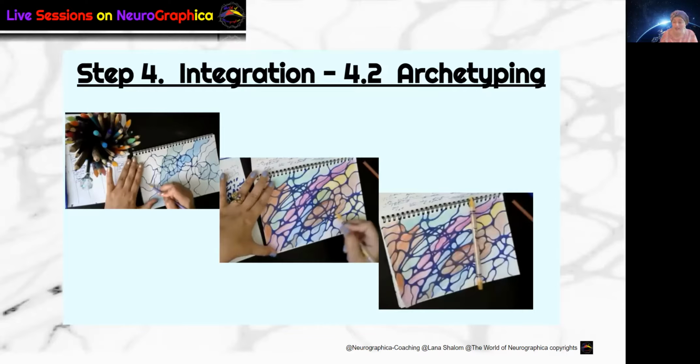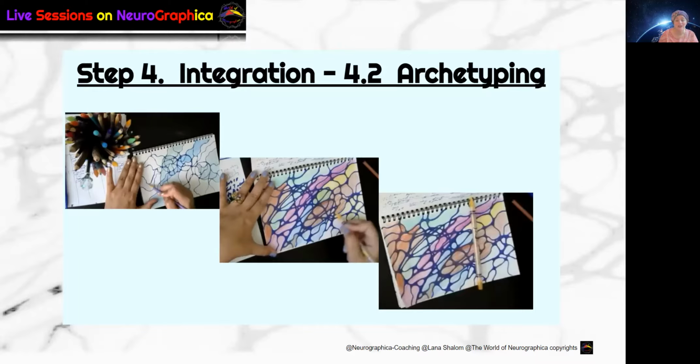The pyramid of consciousness was actually based upon the Jungian pyramid of consciousness. So archetypes is a huge prototype symbol, we all know, within the Jungian theory of psychology.